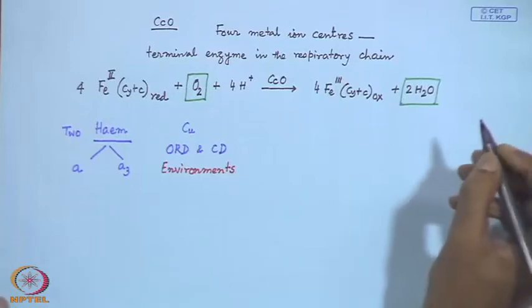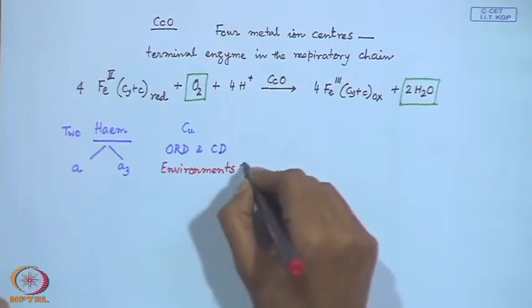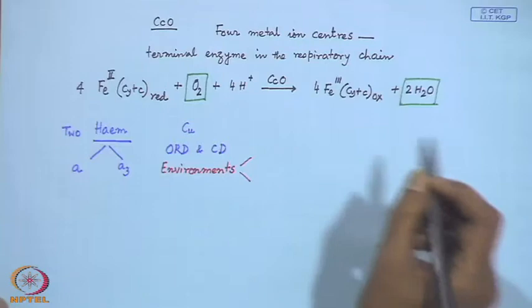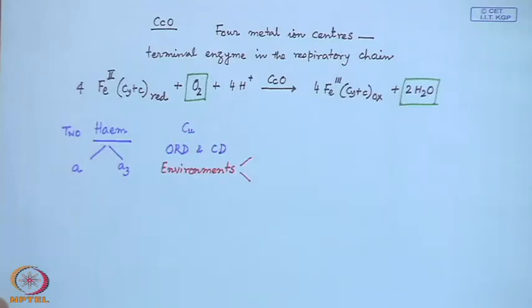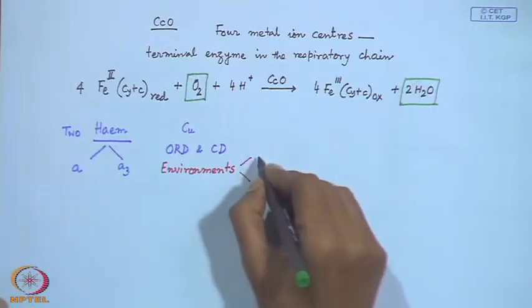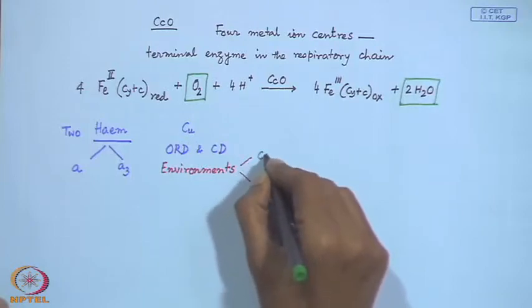The environments are important, and as we all know now, the environment around any metal center, which may or may not be catalytic, is sometimes very difficult to identify exactly.